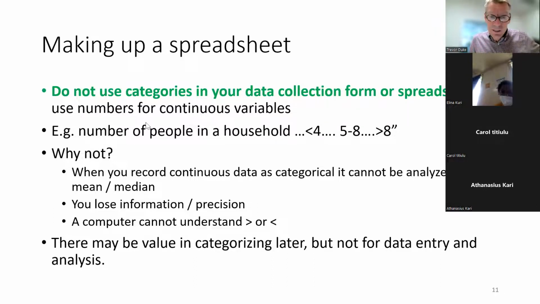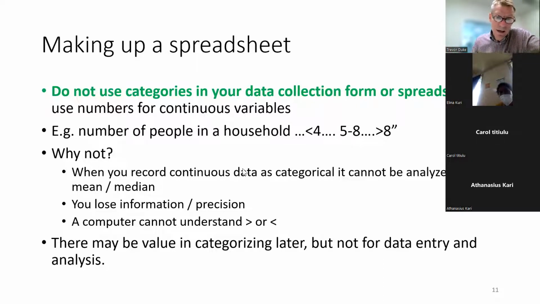I've said most of this in my comments on these spreadsheets, but first of all, don't separate your continuous variables into categories, right? So the number of people in a household, less than 4, 5 to 8, greater than 8, that loses data because then you can't calculate the mean or the median. So don't do that until maybe the very end, if you want to.